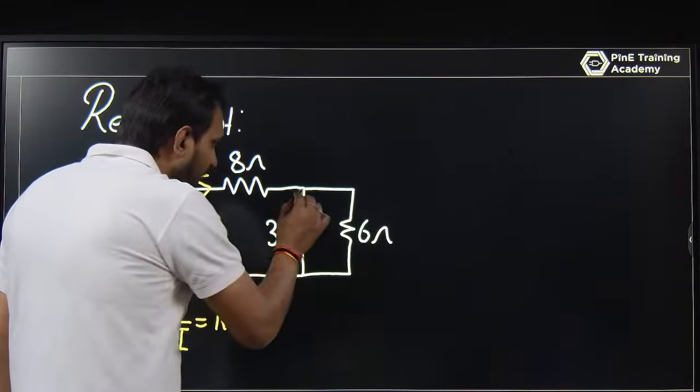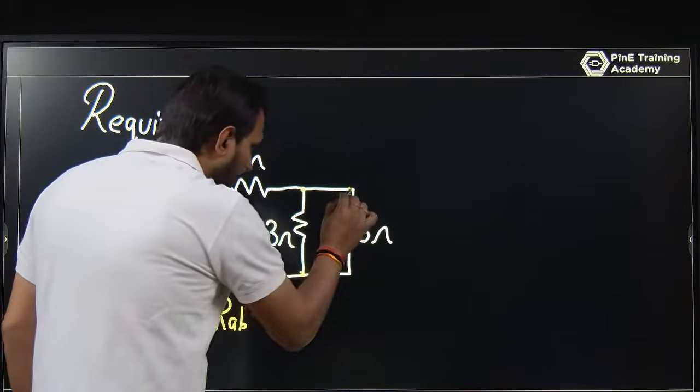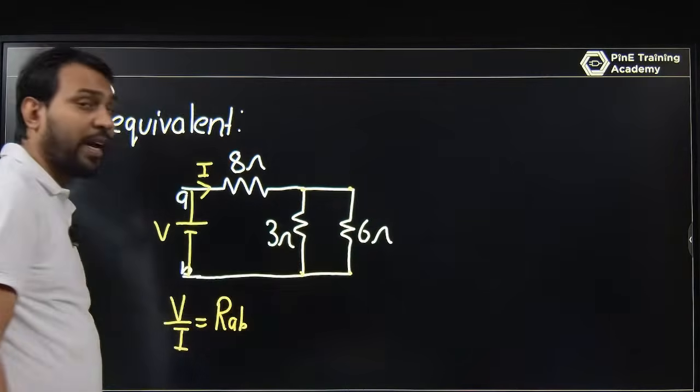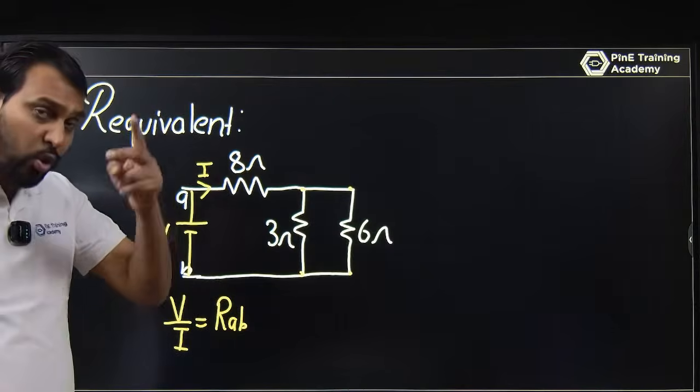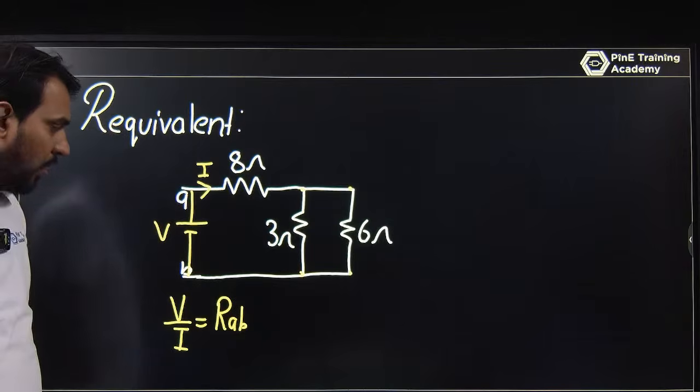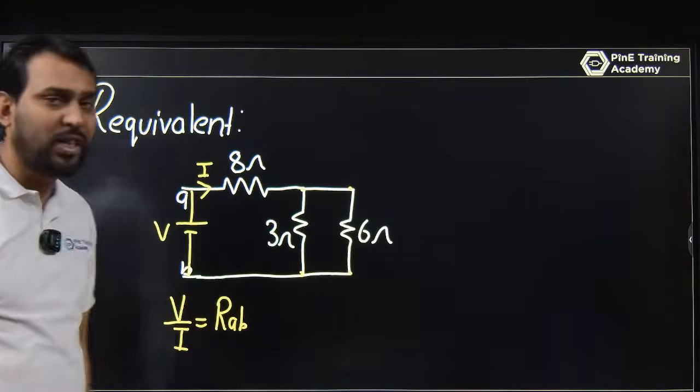If you look at this node, in a pair of nodes, two or more than two elements connected are in parallel. So this is 3 ohm and this is 6 ohm.